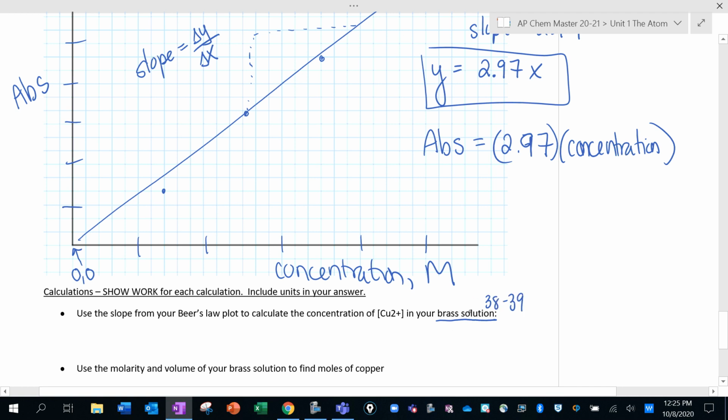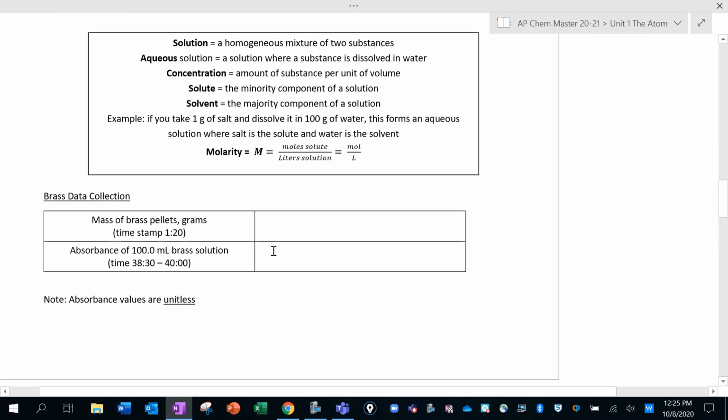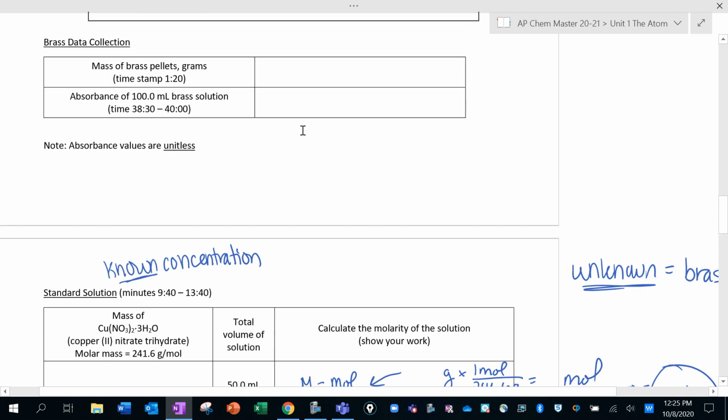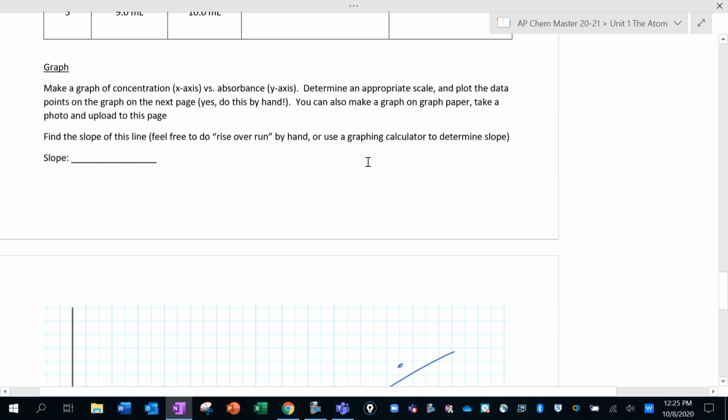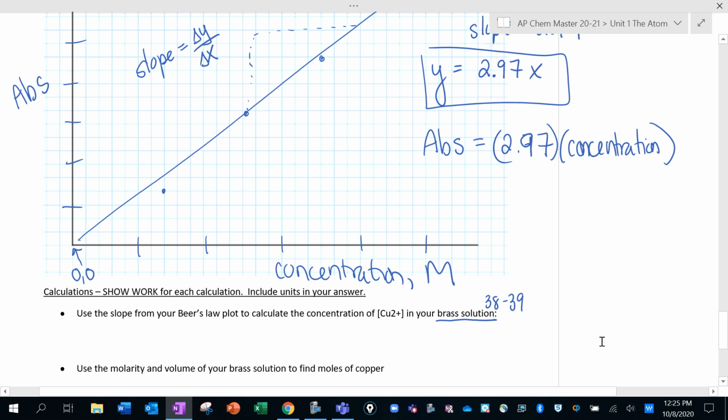You measure the absorbance of your brass solution. This is something you will record right up here, absorbance of your brass solution. You're going to get some number there, so you find it in the lab. And you're going to be able to use this absorbance combined with this relationship that we just came up with to solve for concentration.